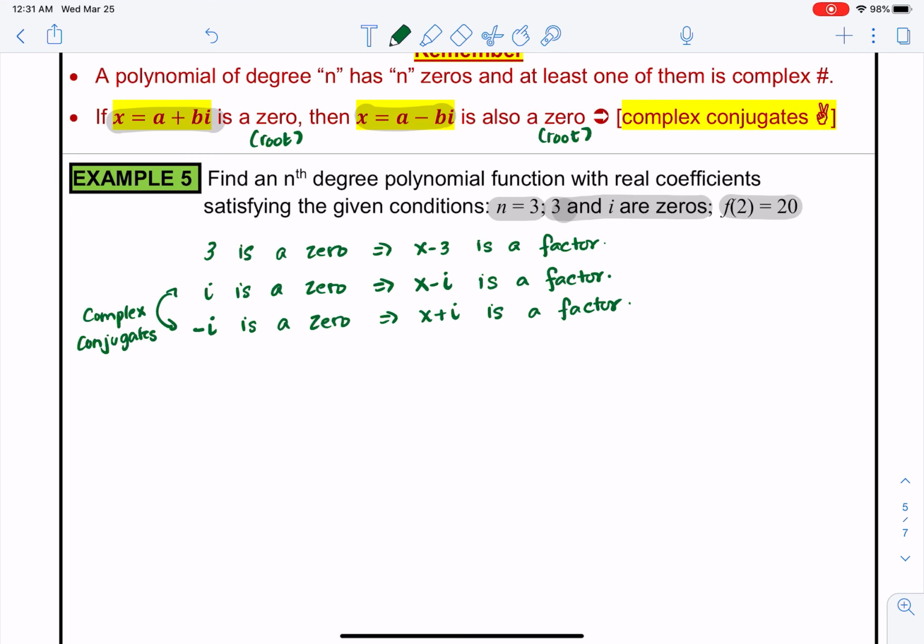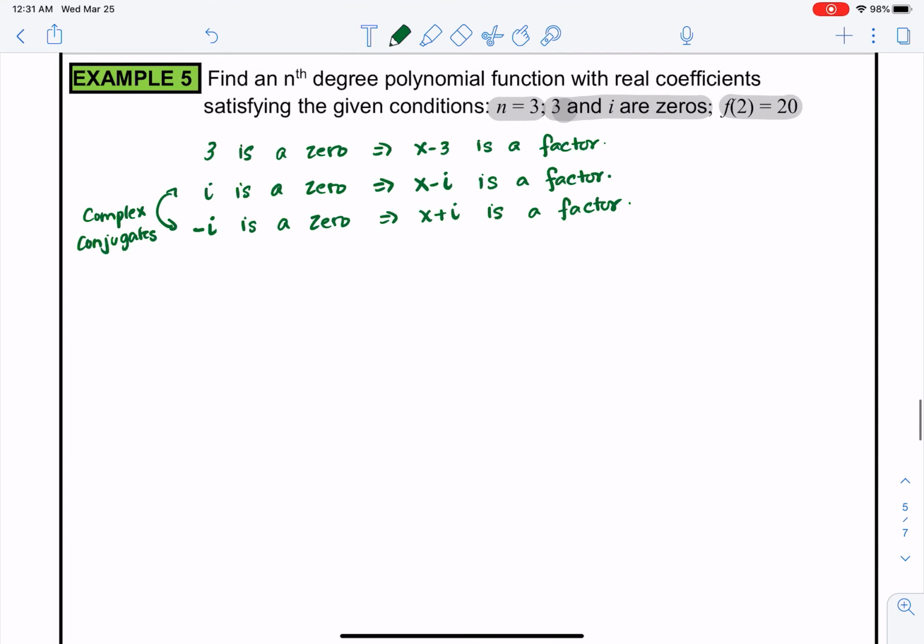So now that we have the factors, the polynomial is f of x, excuse me, equal to some constant c multiplied by x minus 3, x minus i, and x plus i.